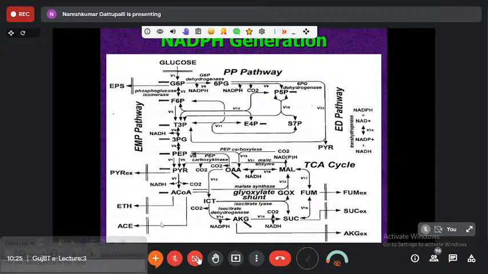So this NADPH is the central thing for the anabolic processes. So remember that some amount of glycolysis is diverted towards the pentose pathway when you require anabolic processes. So in cancer cells or rapidly growing cells, the pentose pathway becomes much more dominant.